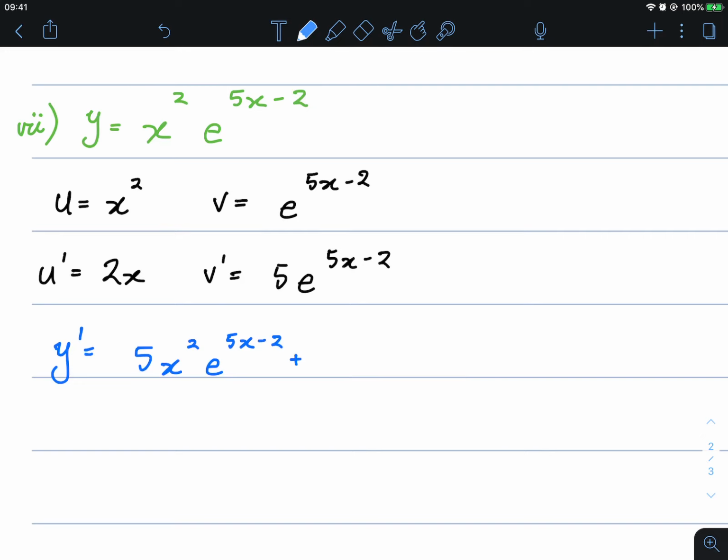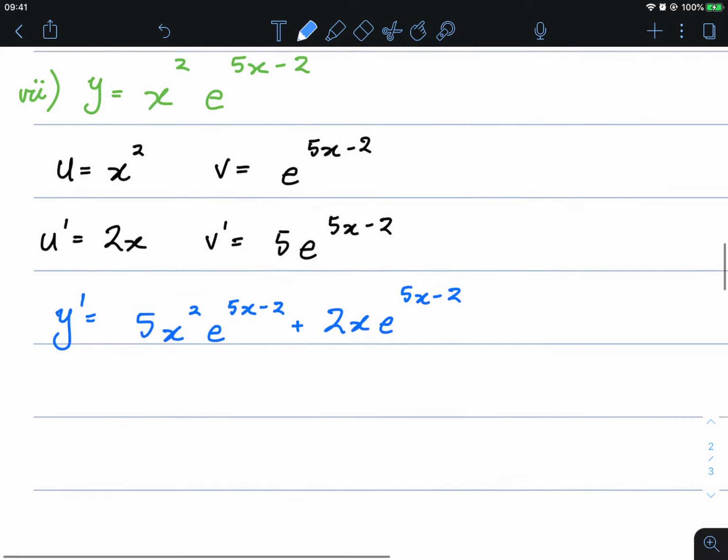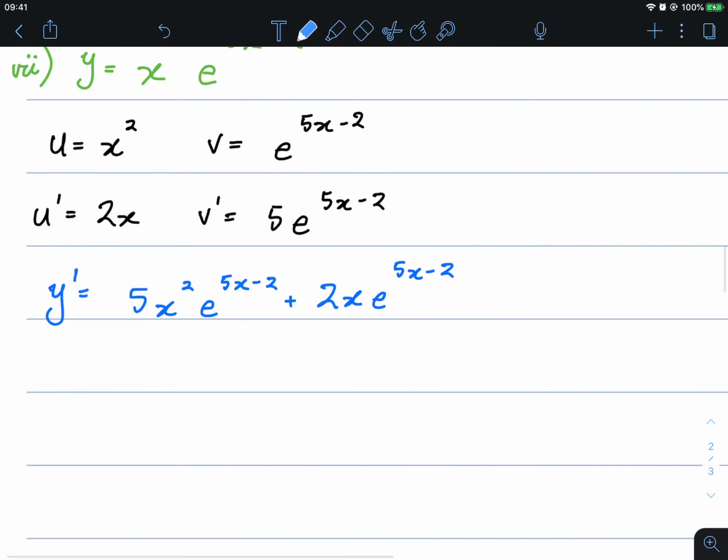So that's going to be 2x e^(5x minus 2). Once again, we can factorize a few expressions. This x here, so I can take out 1x, and I can take out the entirety of e. So this becomes x e^(5x minus 2) outside of (5x plus 2).